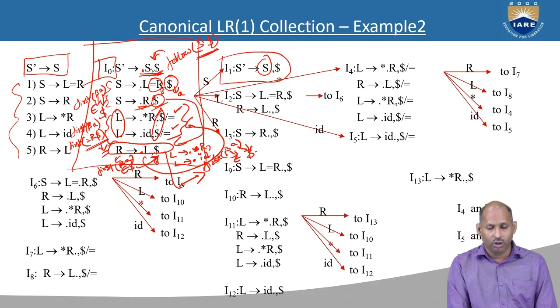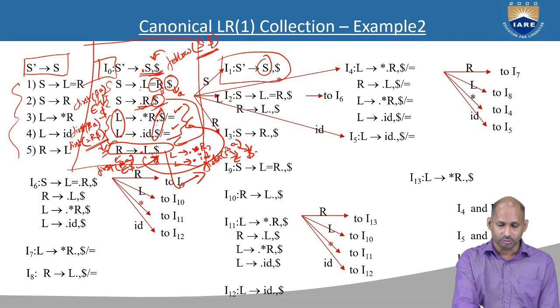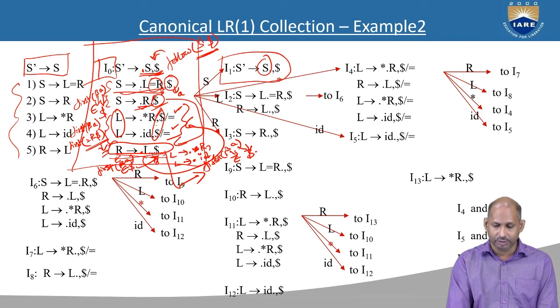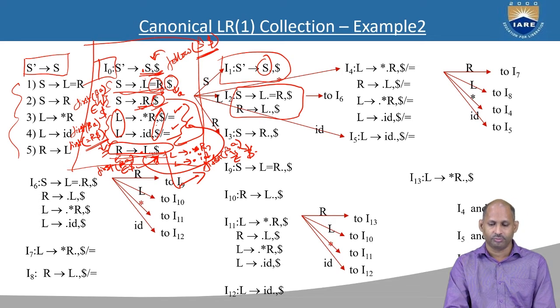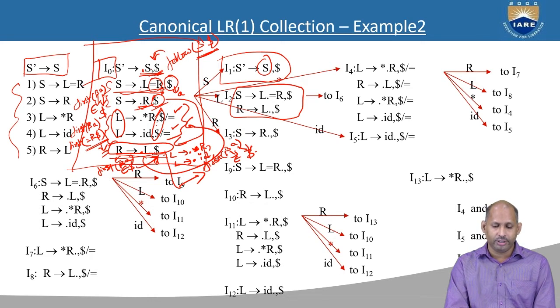Next, on L. L has two productions. Here it is L dot, and here it is dot L. So add both of them here. That is I2. On R, there is only one production.